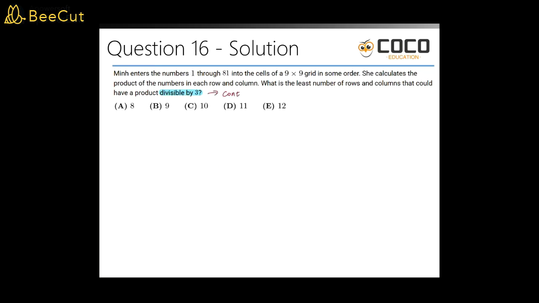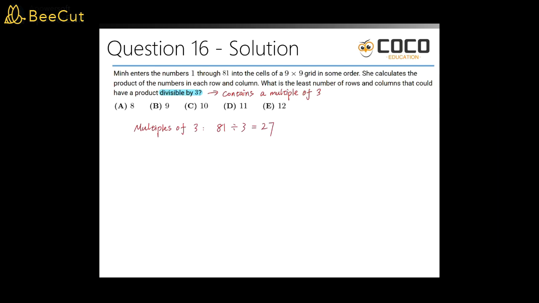Those rows and columns that are divisible must contain a multiple of 3. So first, let's find how many multiples of 3 there are. To do this, we can just use 81 divided by 3. We have 27 of them.